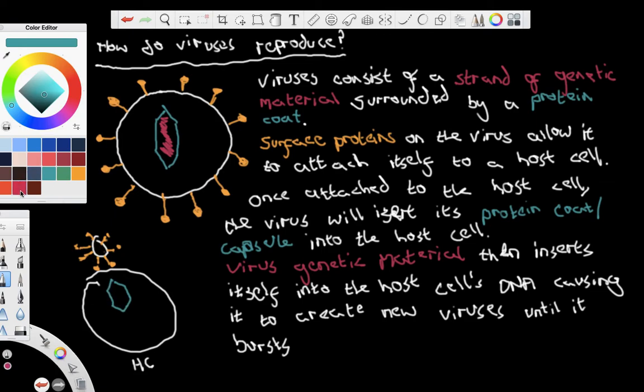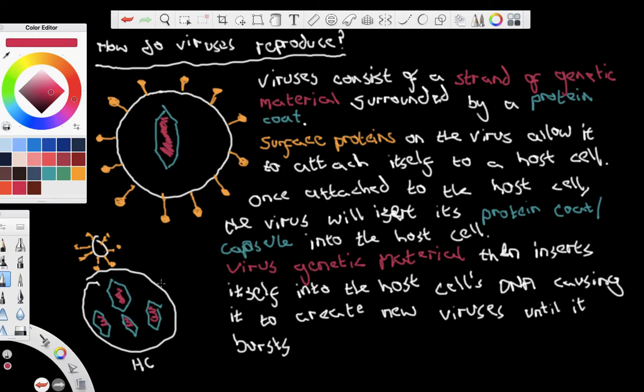This now contains the DNA of the virus, and then this will cause the host cell to start producing lots more viruses or parts of viruses that the virus couldn't make on its own. It needs a host cell in order to do that. Eventually, this host cell will be so full of viruses that it will burst.